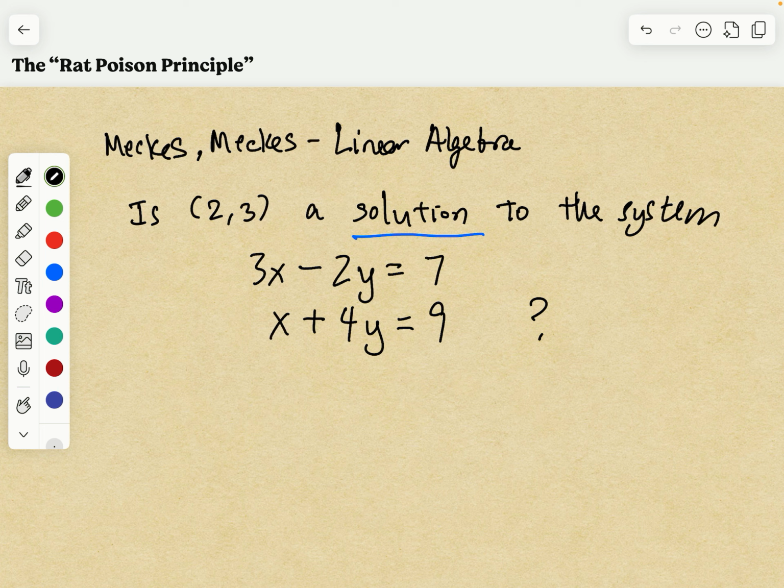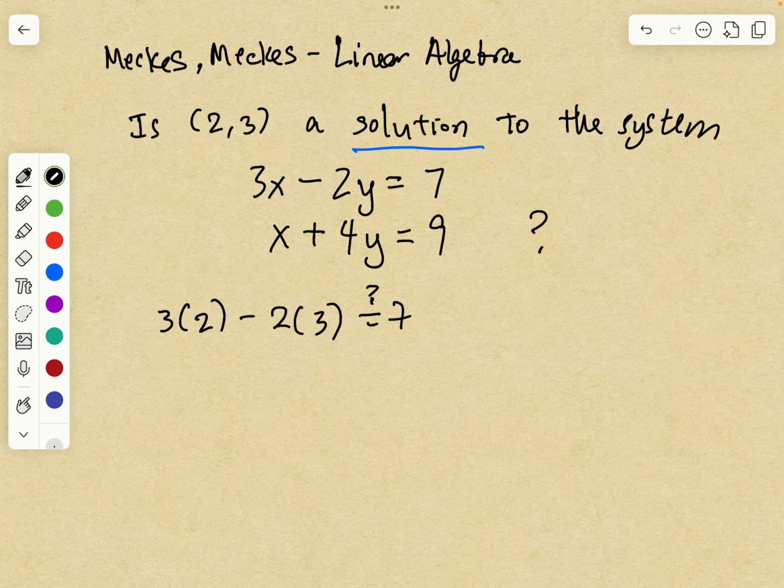So what should we do? We should plug in 2 and 3 into these equations and see if they are true. So if you plug it into the first equation, you get 3 times 2 minus 2 times 3. Is that equal to 7? Well, 3 times 2 minus 2 times 3 is 0. And 0 is not 7. So what's the answer to the question?